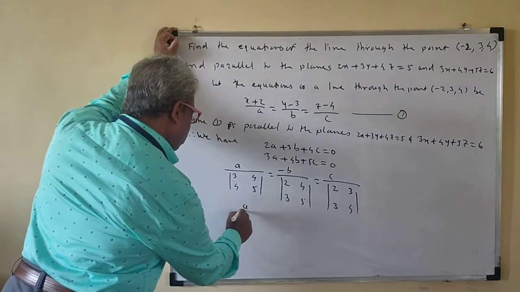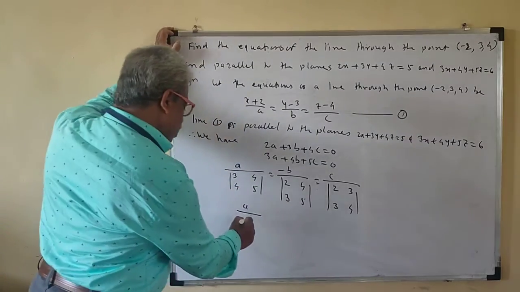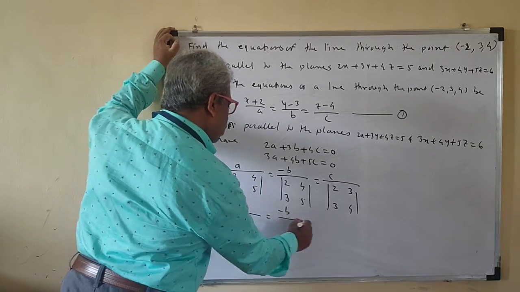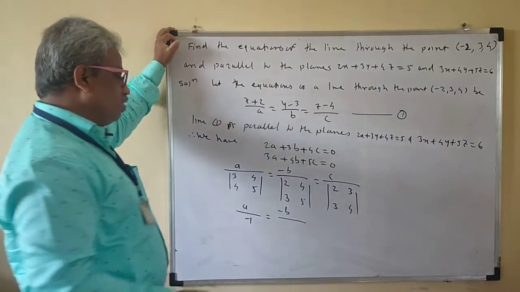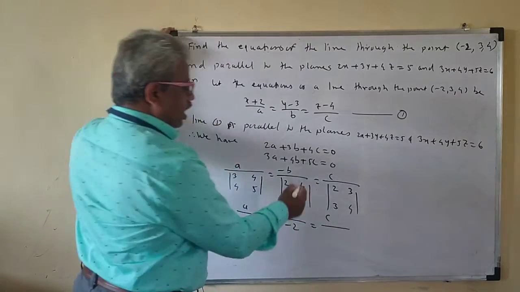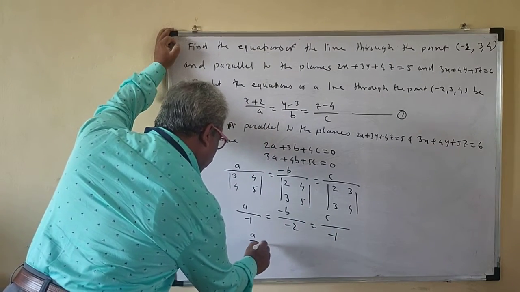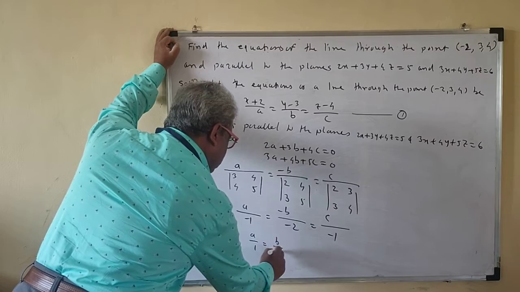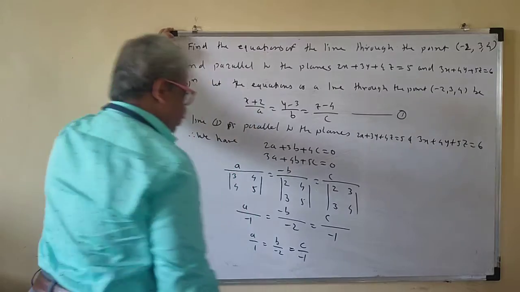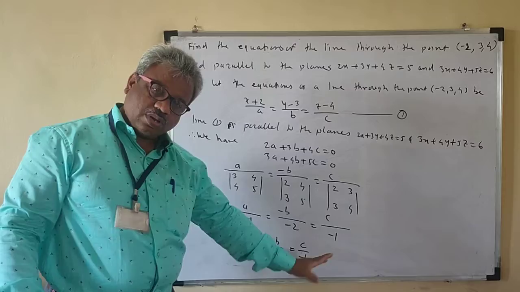So a upon 15 minus 16, this is minus 1, minus b upon 10 minus 12, which is minus 2, c upon 8 minus 9, this is minus 1. Okay, so I can write a upon 1, b upon minus 2, I am changing the sign of all now, c upon minus 1. Actually a upon minus 1, b upon 2, c upon minus 1. Okay, I will change the value.